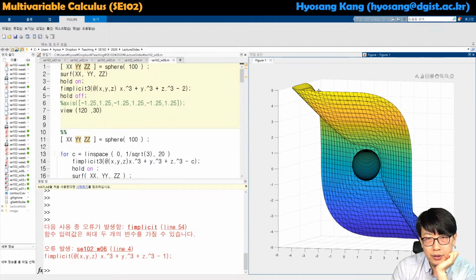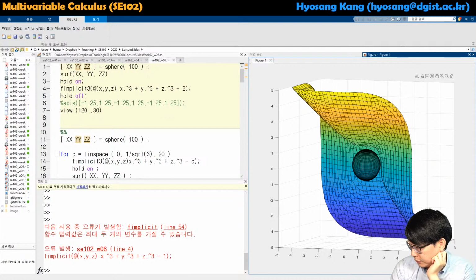So this is the picture of 2 surfaces. One is the sphere and the other is the surface of the level set of the function f on the level 2. You cannot graph a 3 variable function. You need 4 axes to draw that, or you have to draw with a color. But I just want to draw it as a surface. The only way you can do it is to graph the level set.